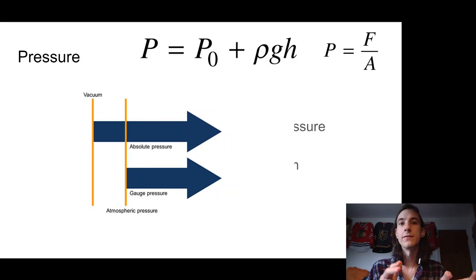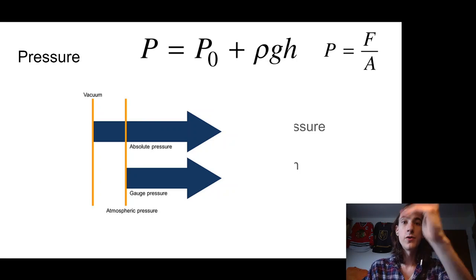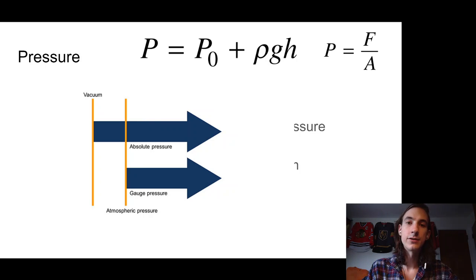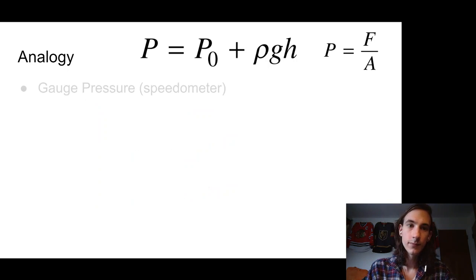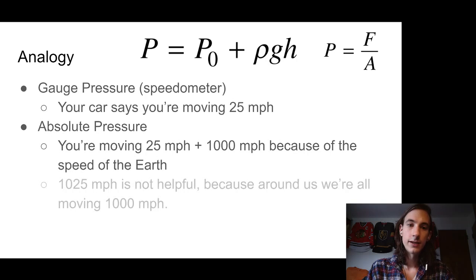Let's just say, how different are we from atmospheric pressure? So I think this picture is kind of nice because it helps us see that absolute pressure is telling us, based on vacuum, based on zero, how much total pressure is there? And gauge pressure is just, okay, let's get rid of atmospheric pressure. Let's not think about it. We know it's there. How different are we from atmospheric pressure? Get that analogy going.